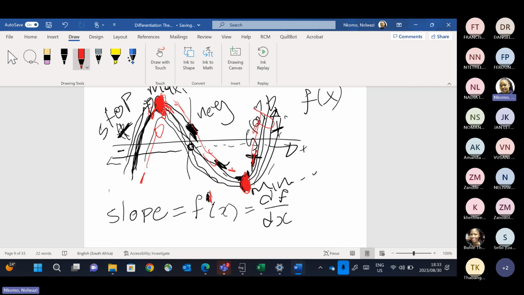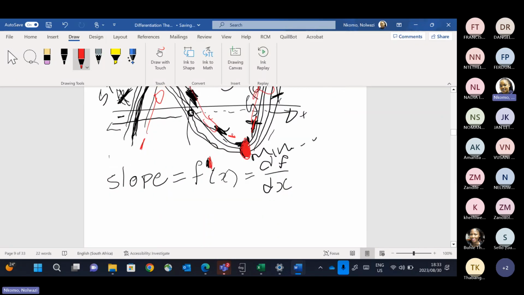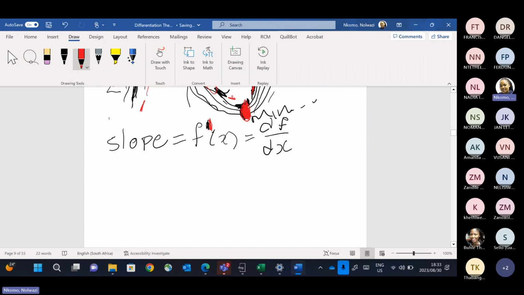Sometimes you will be given a function with more than 2 turning points, sometimes with just 1 turning point. But to find those turning points, you will use the same method, which is the first derivative equal to 0. To find the turning point, you follow these 3 steps.